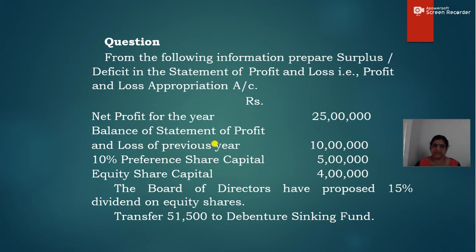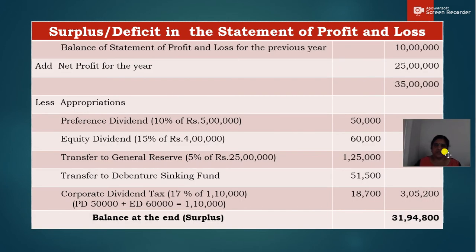Note the point: here the transfer to general reserve is not mentioned, so you have to make the statutory transfer. Then one more thing is, here the dividend is declared, so you have to compute corporate dividend tax also. So apart from the amounts given in this question, there are two things remaining: transfer to general reserve and corporate dividend tax. So this is the solution.